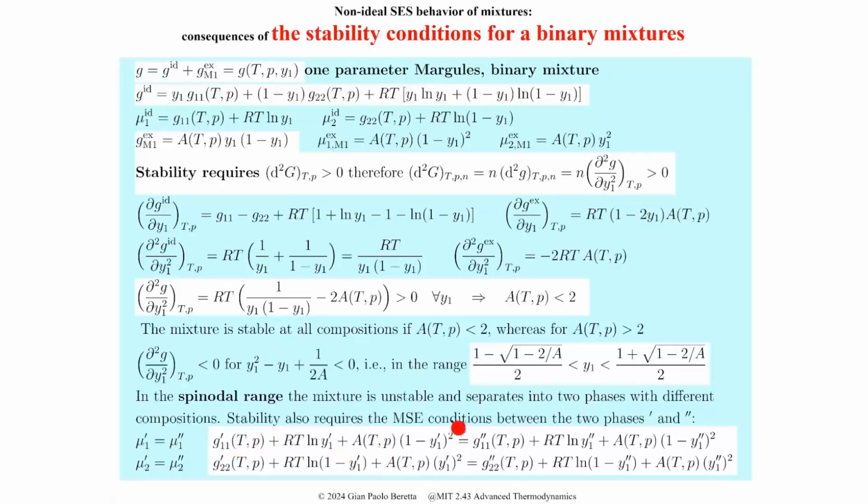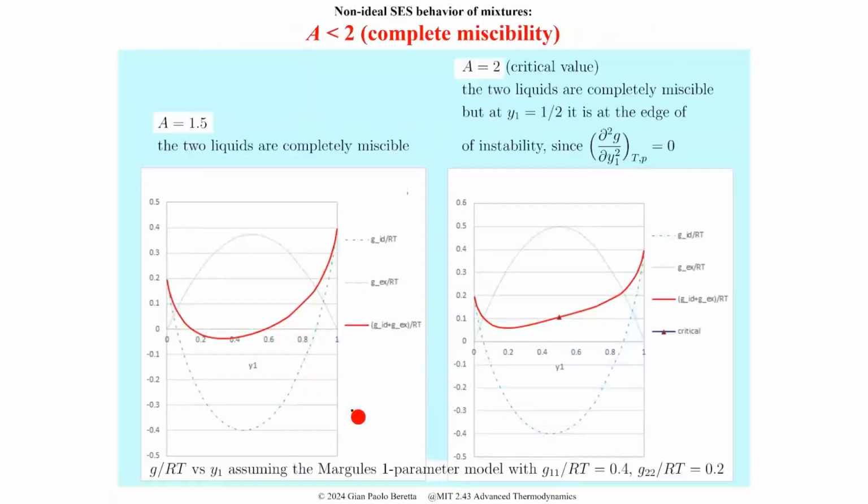So with these equations, if you fix an A, you find the mole fractions of the phases in mutual equilibrium. This is easy enough that you can implement it, for example, in an Excel file.